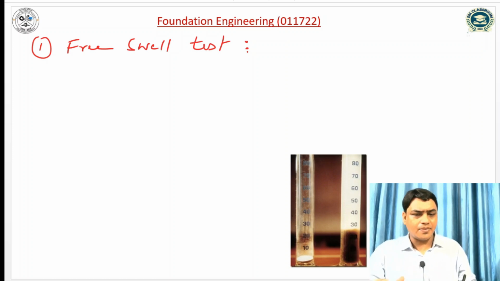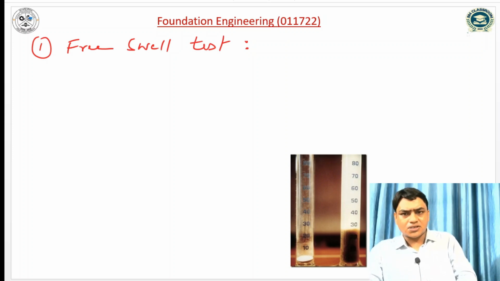Once you have taken the final or swollen volume of the soil, the free swell can be computed as final volume of the soil minus initial volume of the soil divided by initial volume into 100.